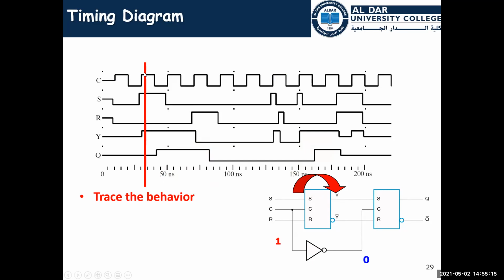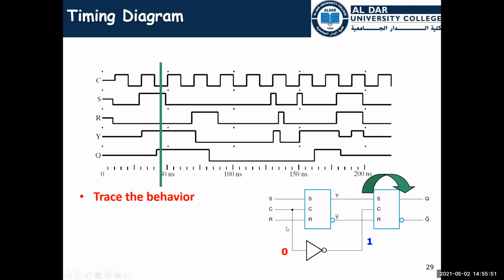We have here the control at one and the S at one, which means the output will be one. So Y will be one, and it will be held there. It will not appear on the output Q immediately because this is disabled. The value of Y will be held here.